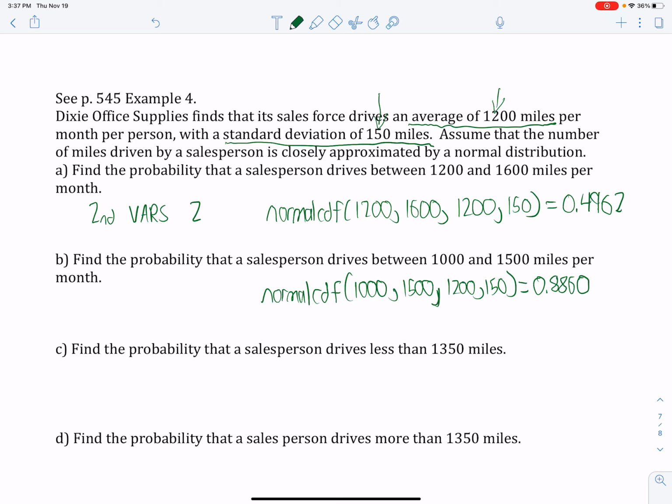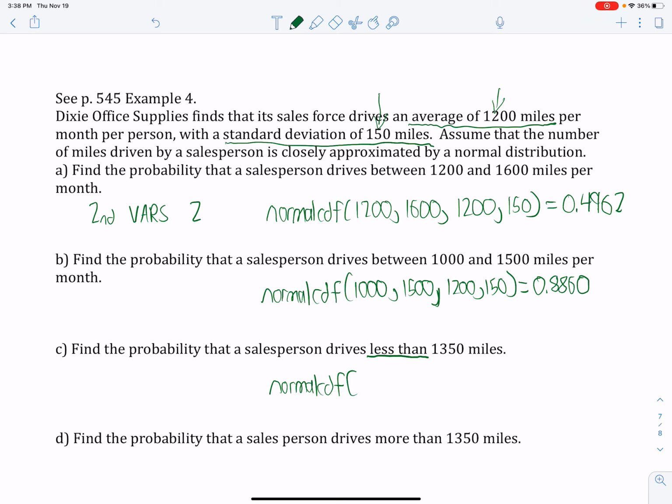It says, find the probability that a salesperson drives less than 1,350 miles. So we're still going to start the same way. Press second, VARS, and 2 to get to the Normalcdf function. The trick is when you have a less than problem, that means there is no smallest number.